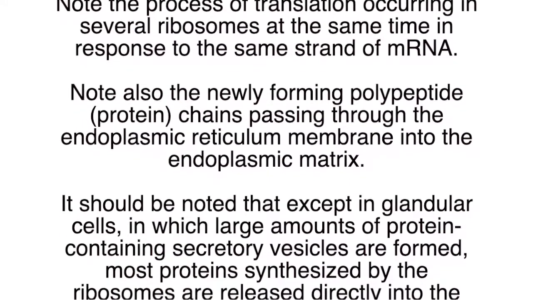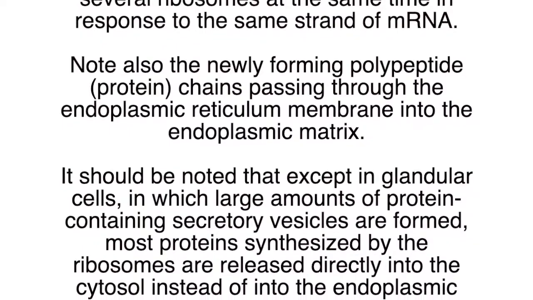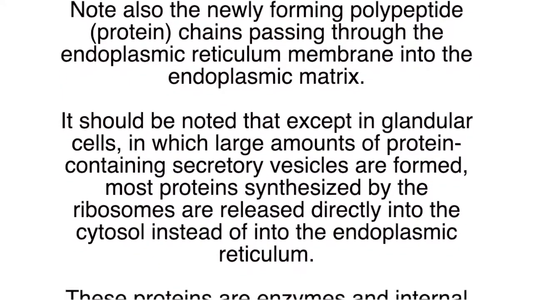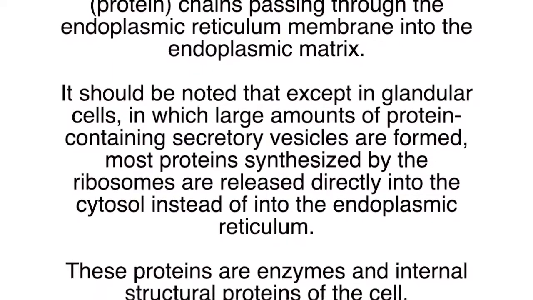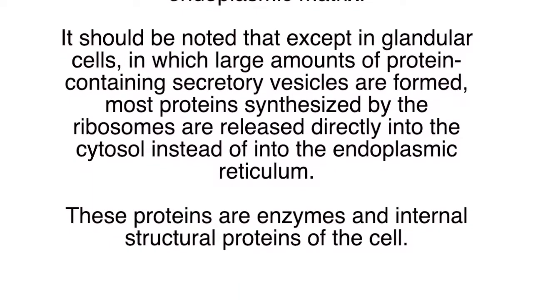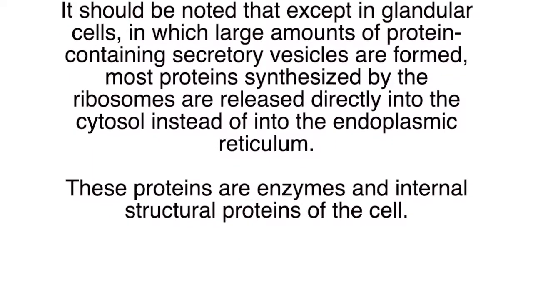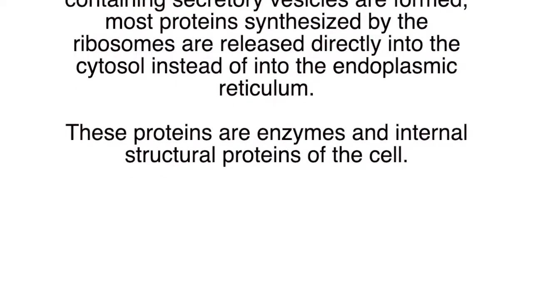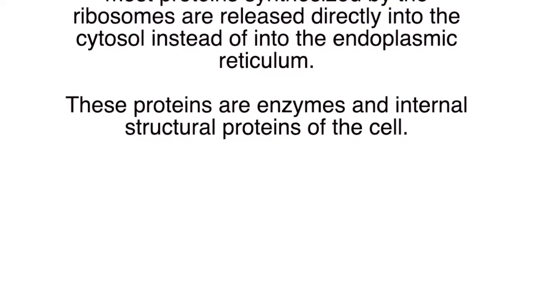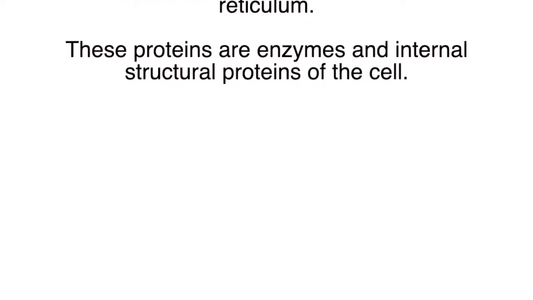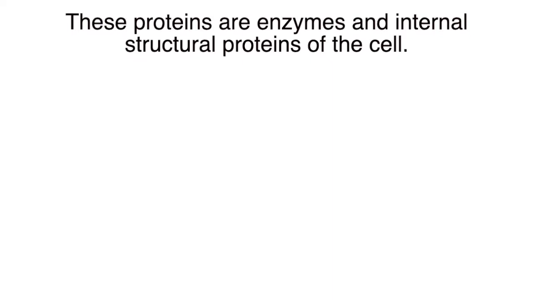Note also the newly forming polypeptide chain, that is protein chains, passing through the endoplasmic reticulum membrane into the endoplasmic matrix. It should be noted that except in glandular cells, in which large amounts of protein containing secretory vesicles are formed, most proteins synthesized by the ribosomes are released directly into the cytosol instead of into the endoplasmic reticulum. These proteins are enzymes and internal structural proteins of the cell.